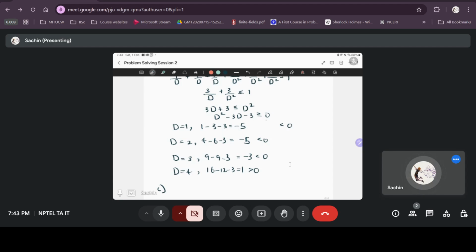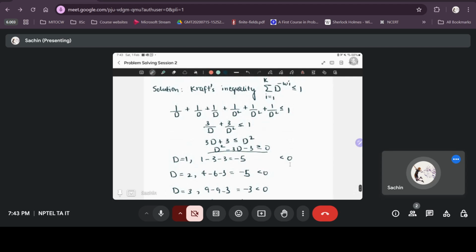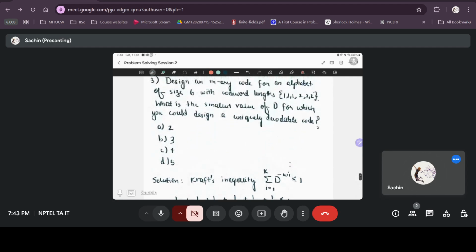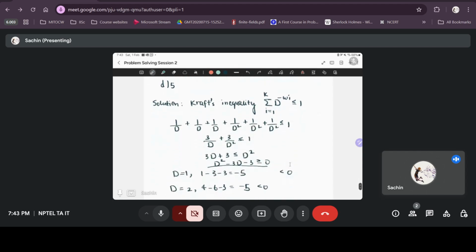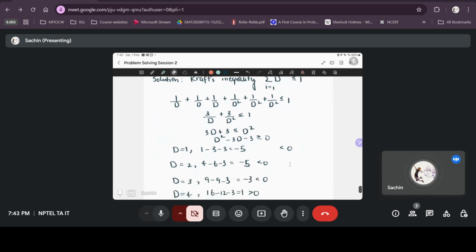Otherwise, it only turned out to be quadratic because the code word lengths were only 1 and 2. If there are code words of length 3 or 4, then it will turn into a much higher degree polynomial equation, in which case you can't really reduce the equation easily. So you will have to go by trial and error.